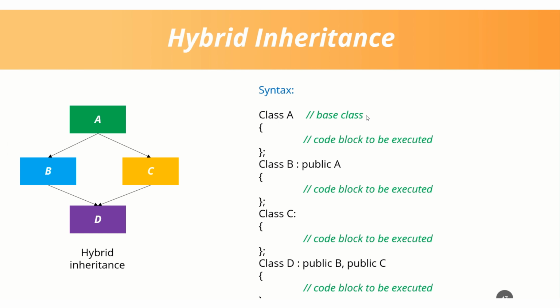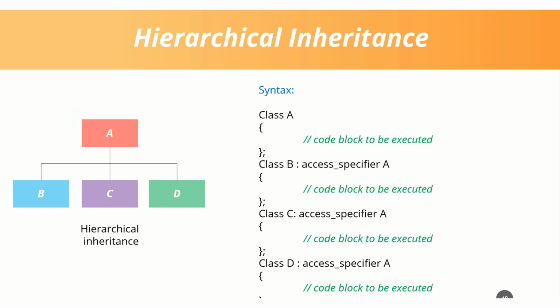Here class A is the base class, code of the block to be executed. Class B, then public A, code of the block to be executed. Class C, class D, public B, comma, public C, code of the block to be executed. This is the syntax for hybrid inheritance.